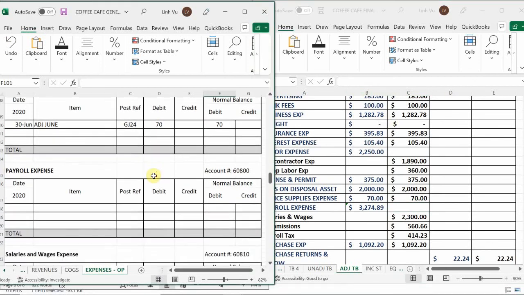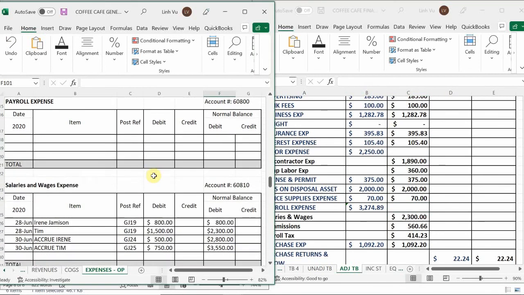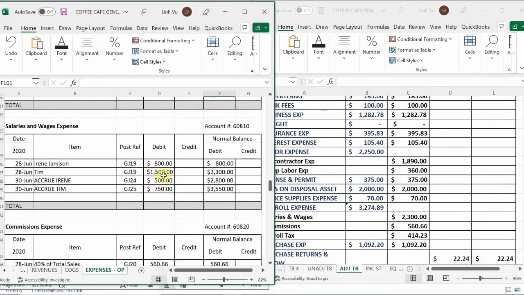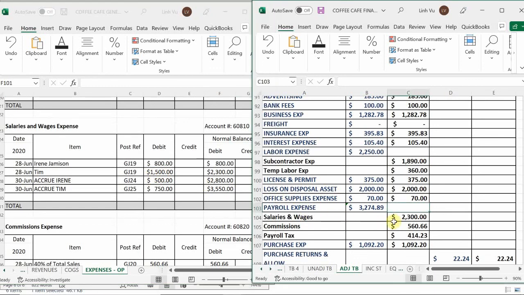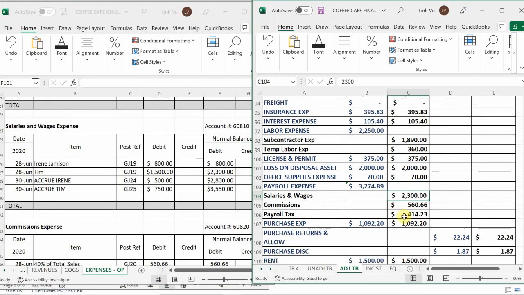Okay. Then we have payroll expenses, so starting with salaries and wages payable, or sorry, expense. We currently have $3,550. Okay.